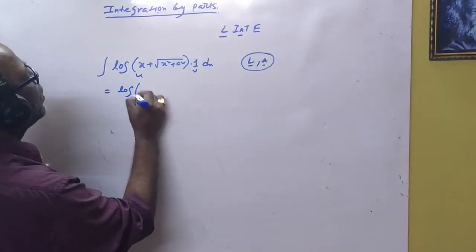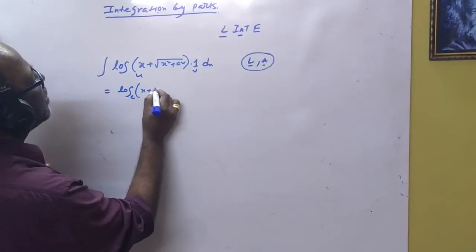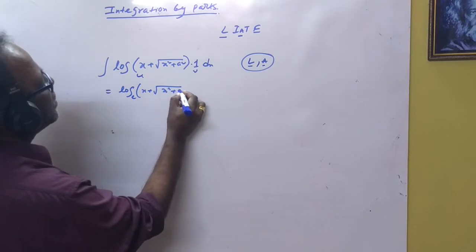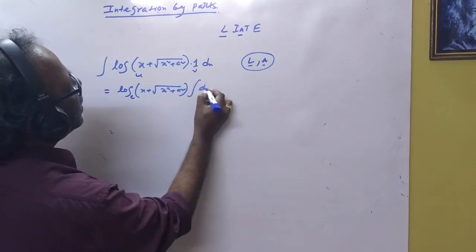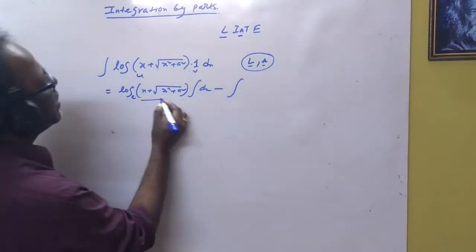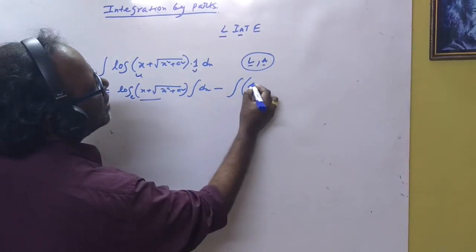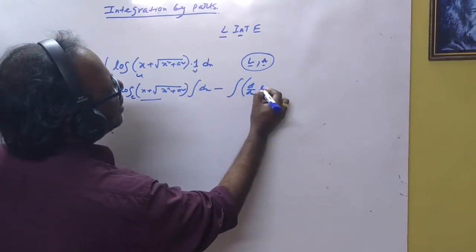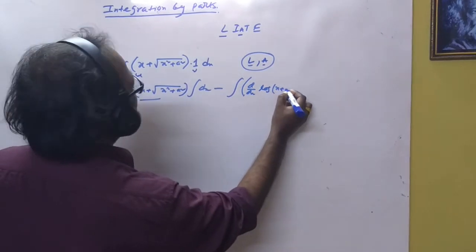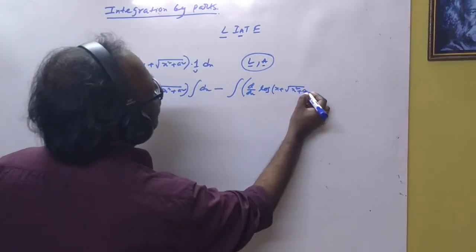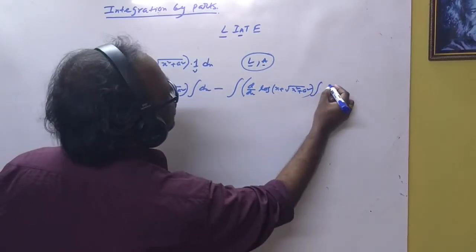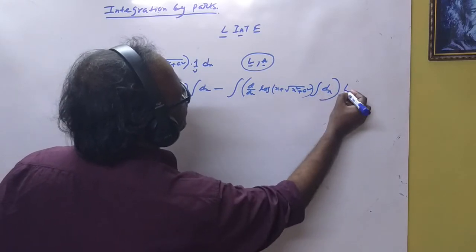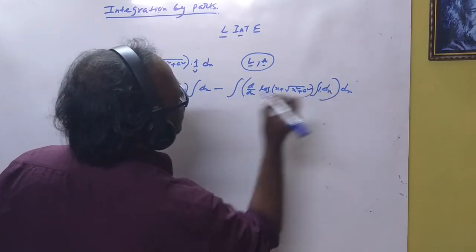So log of x plus root over x square plus a square, and now dx, minus the differentiation of this logarithm function, d by dx of log of x plus root over x square plus a square, and dx means 1 dx.